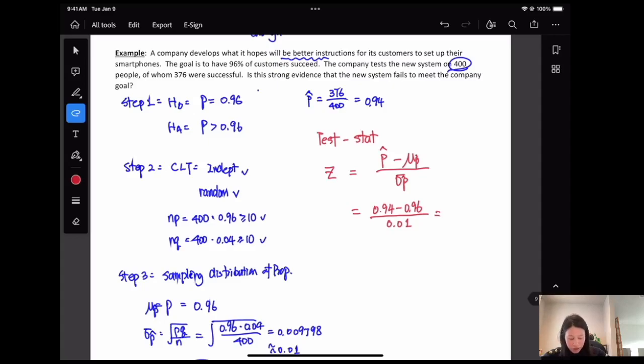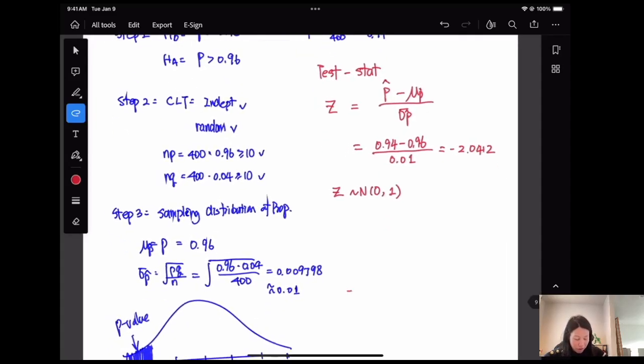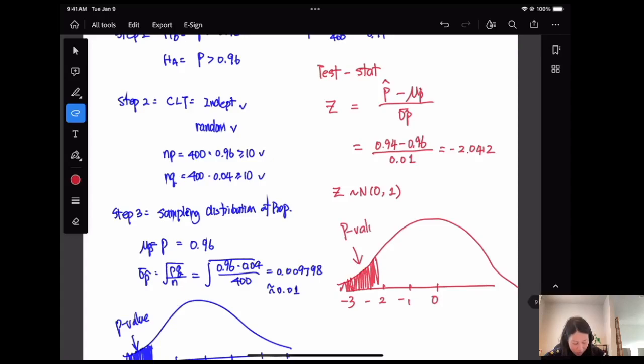So this is negative 2.0412. And z follows a normal distribution with 0 and 1. So I am looking at 0, 1, negative 1, negative 2, negative 3, and negative 2.04 is somewhere in here. That should be your p-value. You can use either one of these to find your p-value.